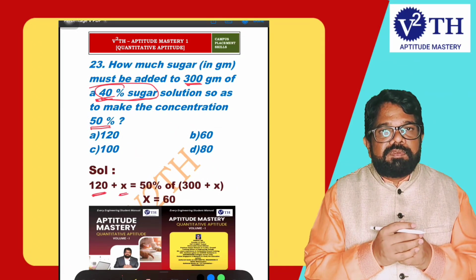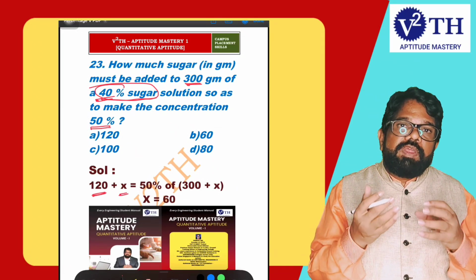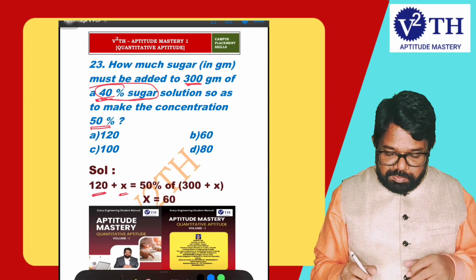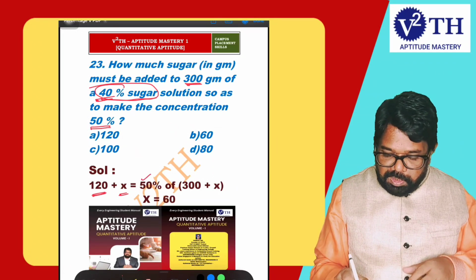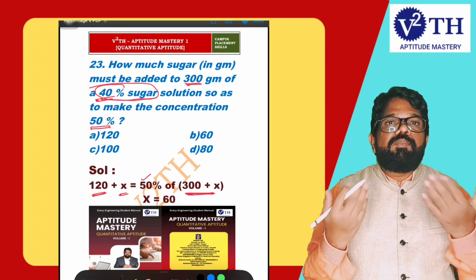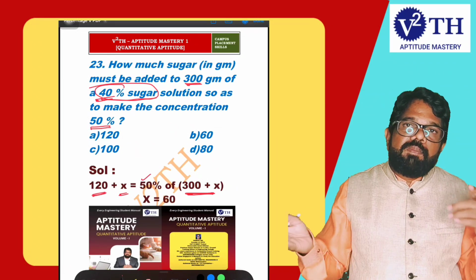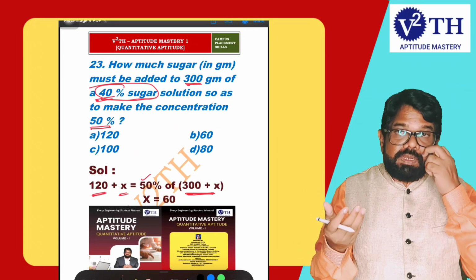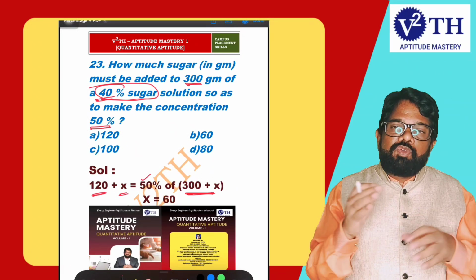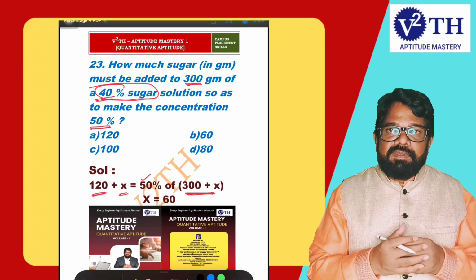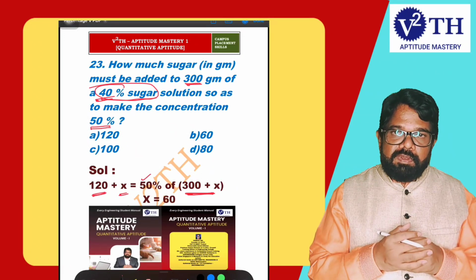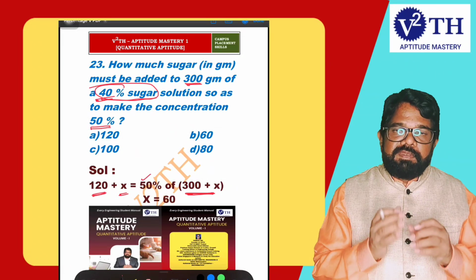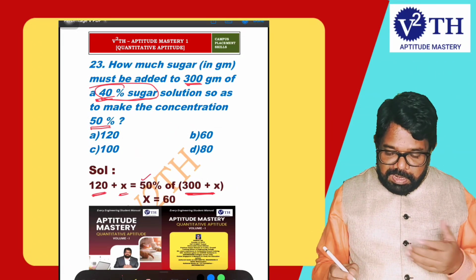By adding x grams, the total weight is now 300 plus x, and in the total weight, 50% is sugar. So 120 plus x is equal to 50% of 300 plus x.